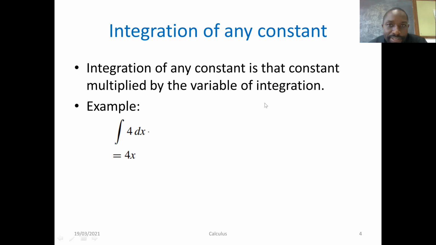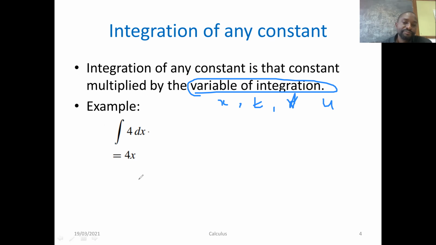So let's look at the integration of any constant. Integration of any constant is that constant multiplied by the variable of integration. It doesn't matter what the variable of integration is; it could be x, it could be t, it could be u, it could be v, and so on.